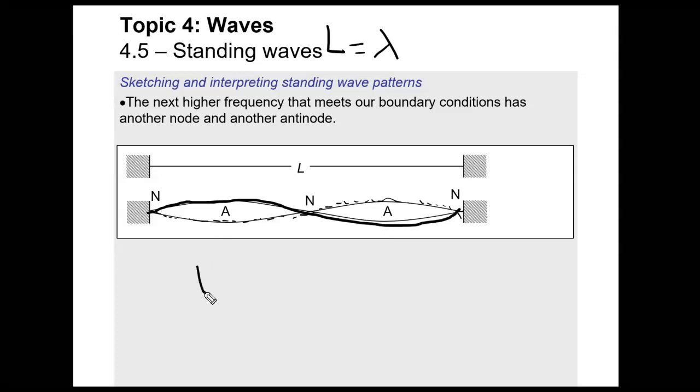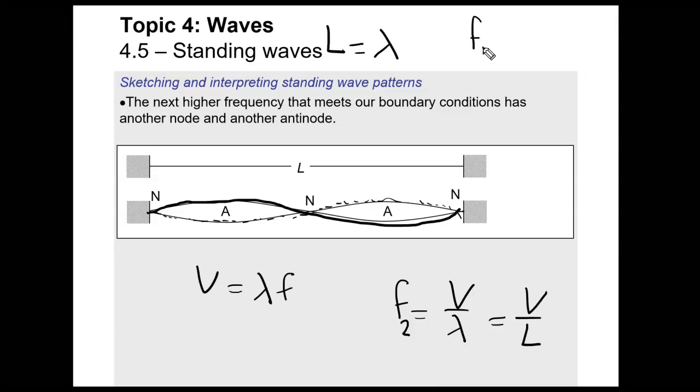And again, going back to the wave equation, we have v equals lambda times f. Here we get f equals v over lambda, which is equal to v over L. And this we call f2, which would be the second harmonic. Okay, now I want to point something out.